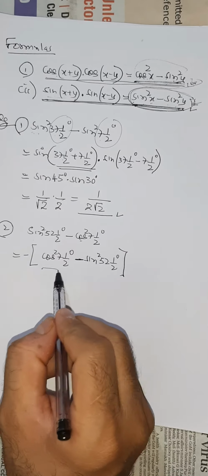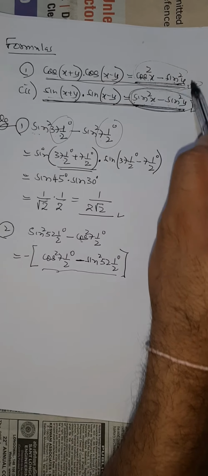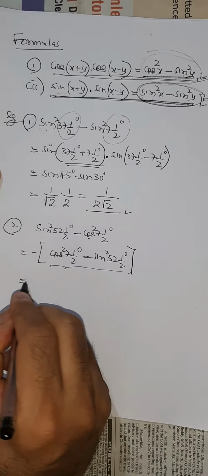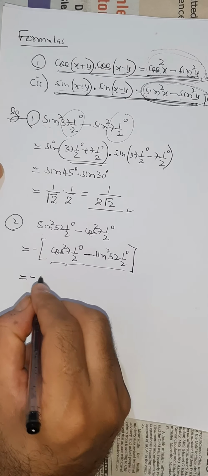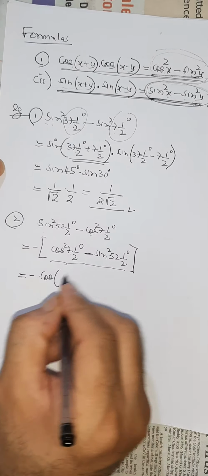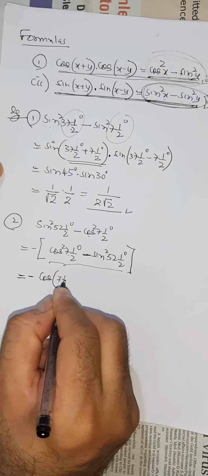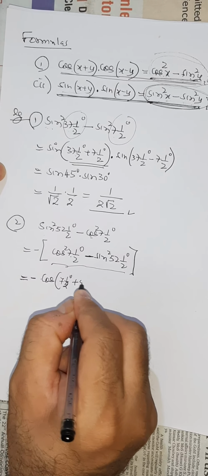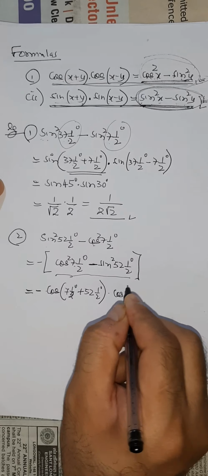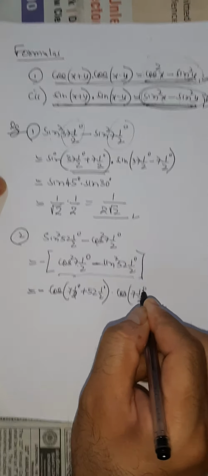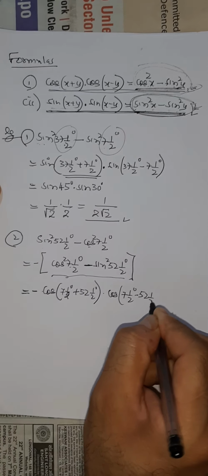So now this is exactly same as this expression. So this would be cos x plus y into cos x minus y. So cosine this plus this, 7.5 plus 52.5, into cosine 7.5 minus 52.5.